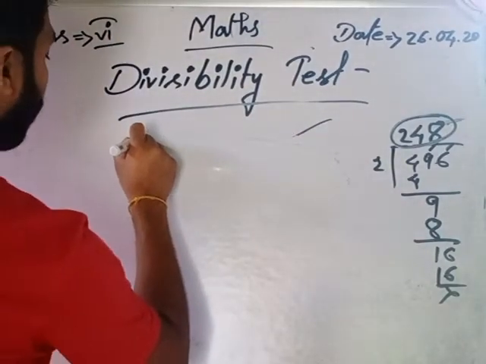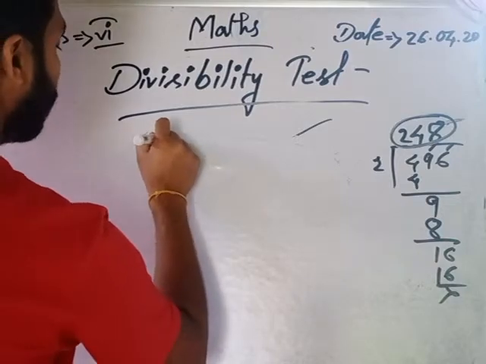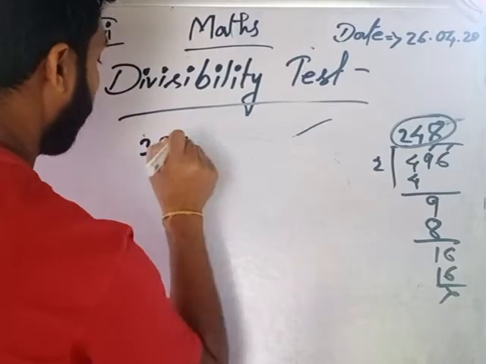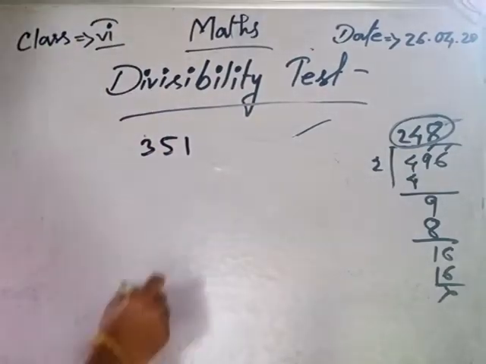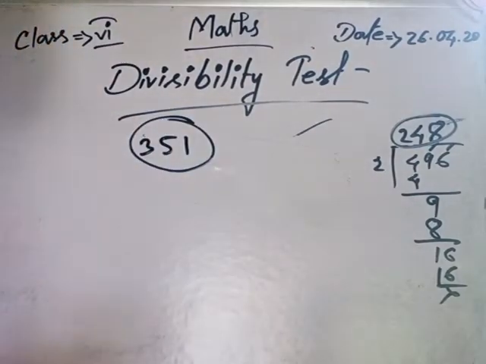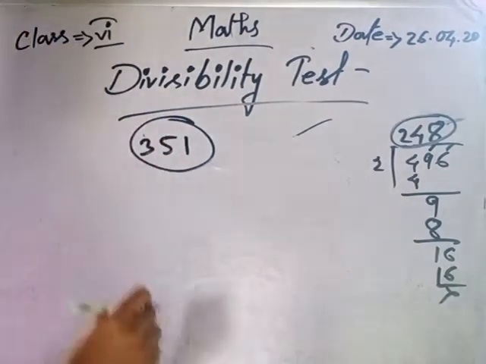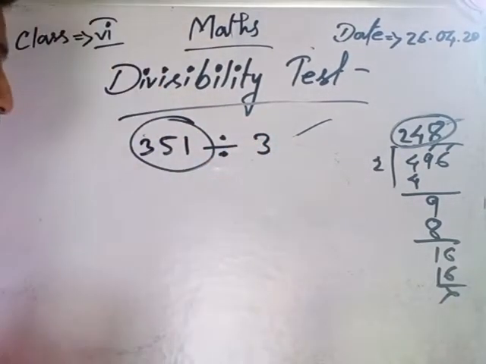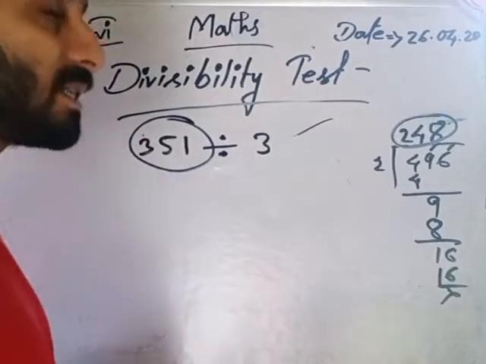3. If any number, suppose 3 5 1, how can you find out whether this number is completely divisible by 3 or not? This is called the divisibility test.